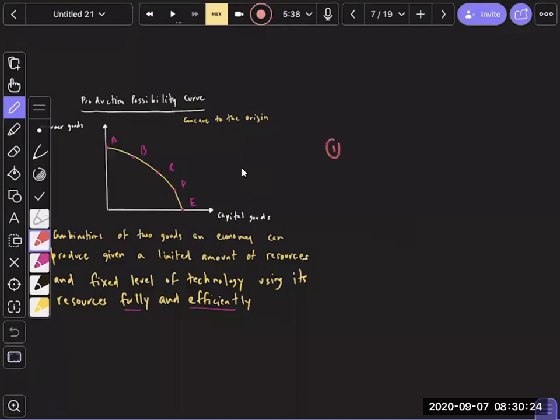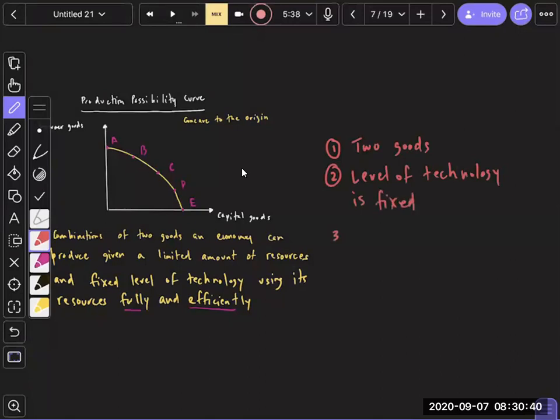So some assumptions that are important to note: number one is that we are making only two goods. Number two, the level of technology is fixed.